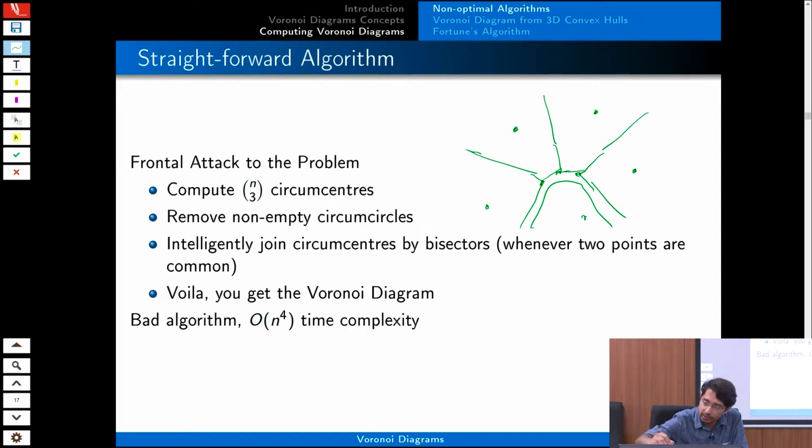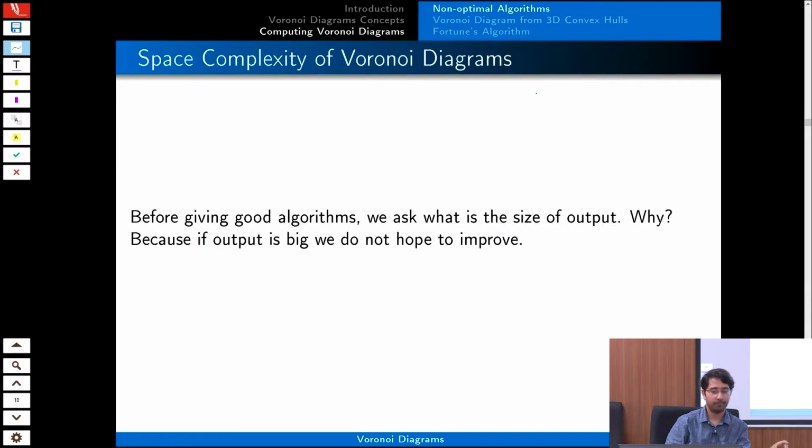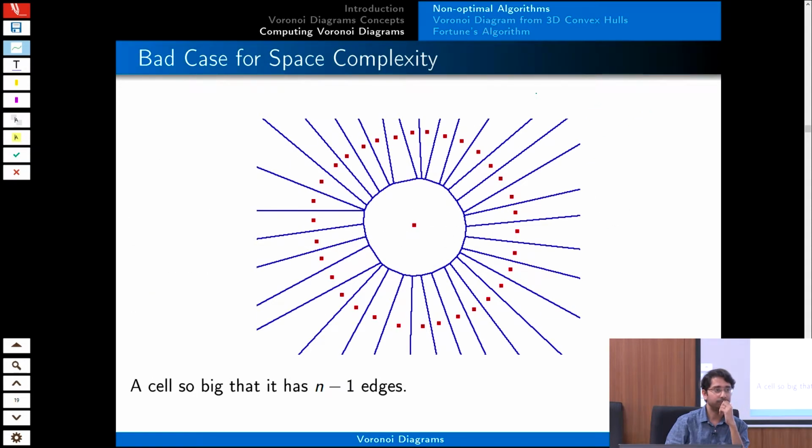What is the complexity of this cell? 2. There are 2 vertices. I want to know what is the maximum number of vertices that can be present in a cell, in any Voronoi diagram. Two, 3, 4, 5. Correct. It's n minus 1.